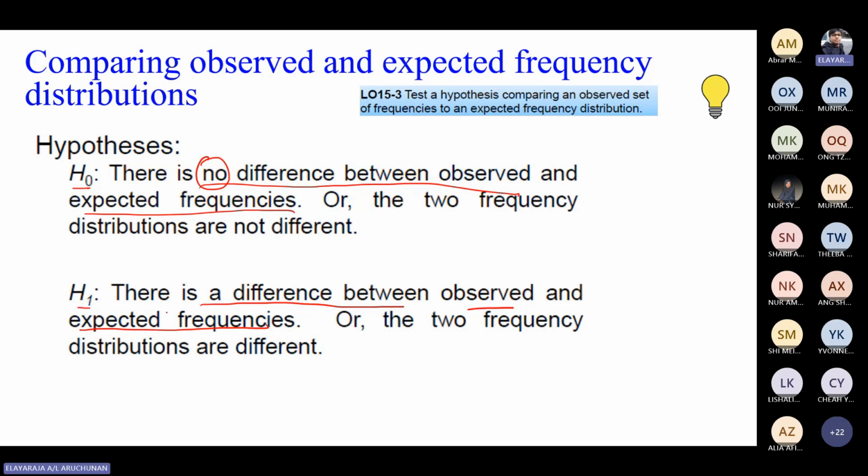We claim that there is a difference between the two frequency distributions, the observed and the expected. So you need to know the way we write the null hypothesis and the alternative hypothesis for observed and expected frequency distributions.